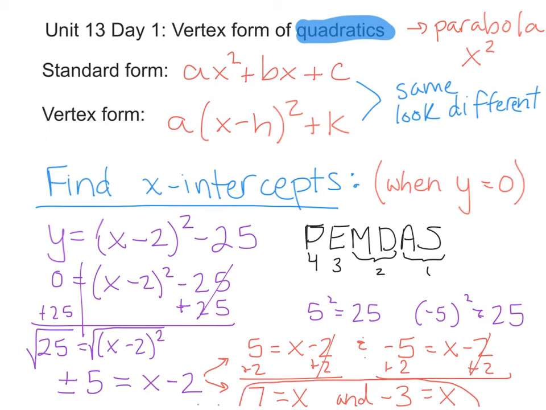Let's look at another example where we do this. Again, feel free to pause, rewind, watch whatever you need to. Similar problem. Let's say we have y equals negative 2 times, in parentheses, x minus 1 squared plus 32.